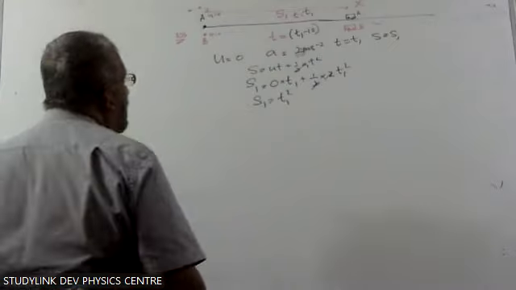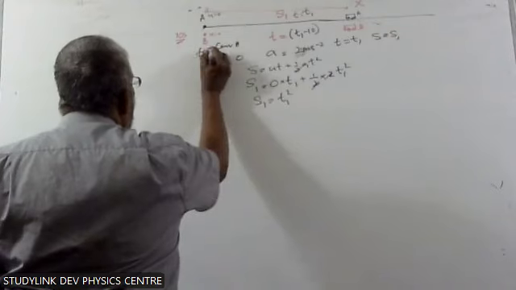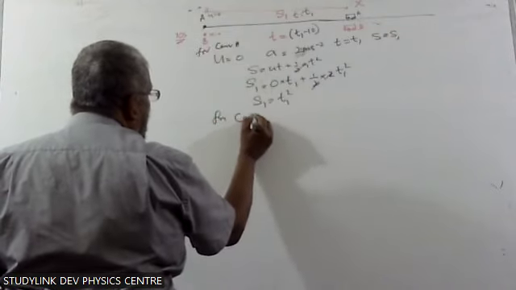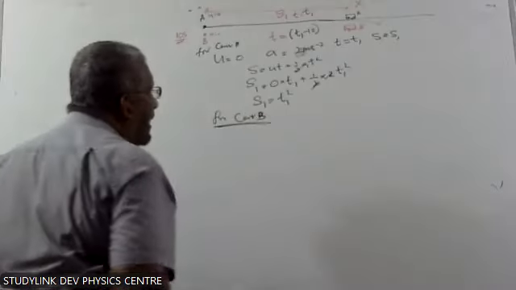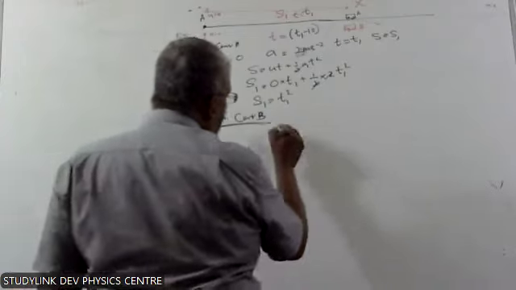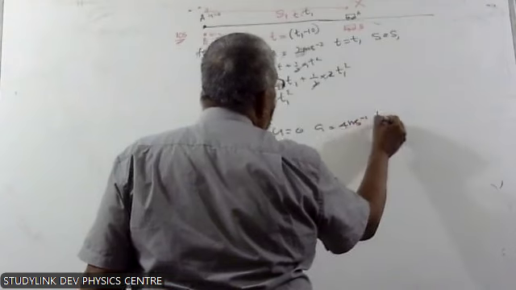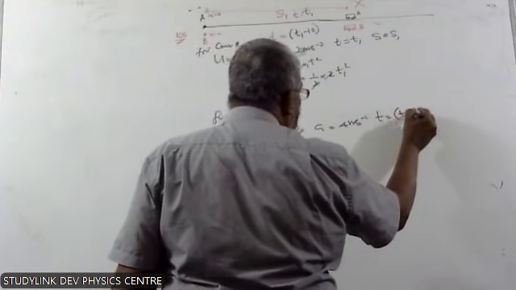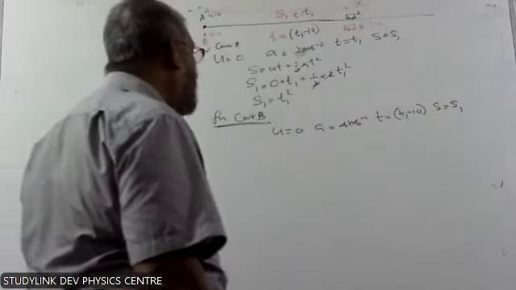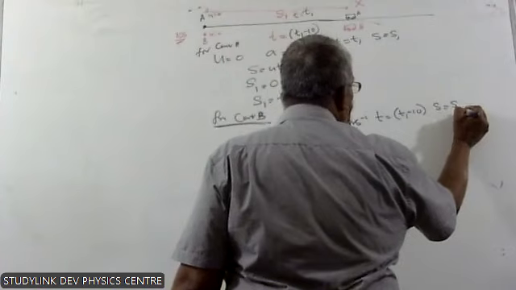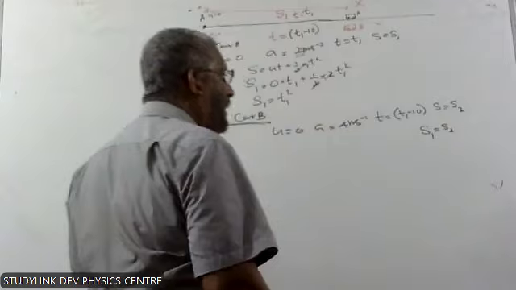This is for car A. Now for car B, U is equal to 0, A is equal to 4 ms^-2, T is equal to T1 minus 10, but S is equal to S1. Or you can say S is equal to S2, and later you can say S1 is equal to S2, only then overtaking.